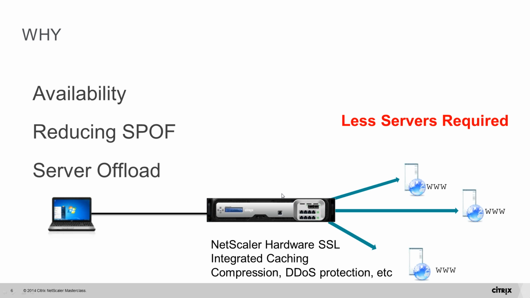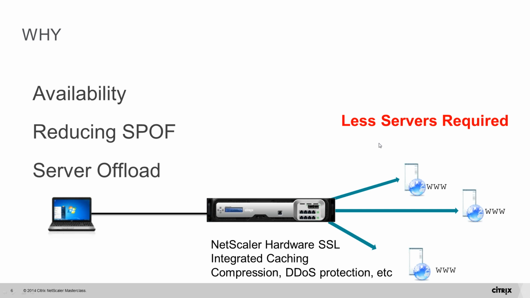It is a full TCP proxy, and that means that the backend servers don't have to manage the thousands and thousands of TCP setups and teardowns that the NetScaler will do. And of course, the NetScaler has its completely rewritten, customized TCP stack that is designed to do just that. This TCP stack and the packet engines which process the packets, they also provide distributed denial of service protection, SYN flood protection, a whole bunch of protections which can offload your backend servers.